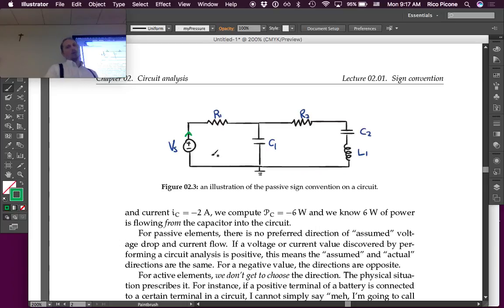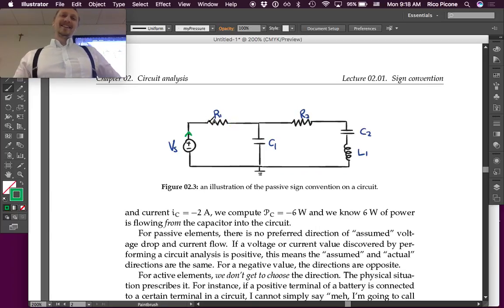So we need to do that for each element. And we could choose that for this one. So which of these is correct? This arrow or this arrow? Yes. They're both correct.